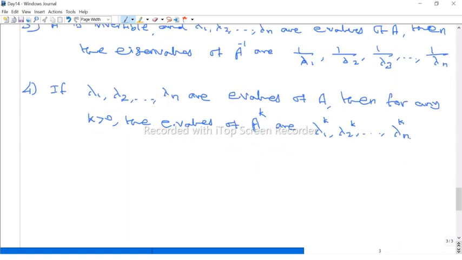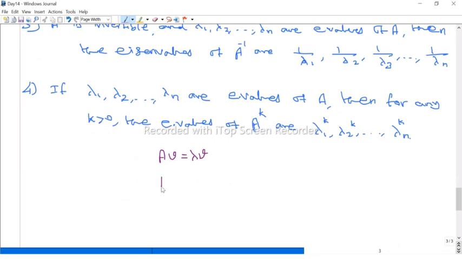Why? This is again a simple proof. Suppose we take one eigenvalue lambda of A; we have to prove that lambda power k is an eigenvalue of A power k. So suppose we take Av equal to lambda v. That means we assume that lambda is an eigenvalue, therefore there is some v such that Av equals lambda v.